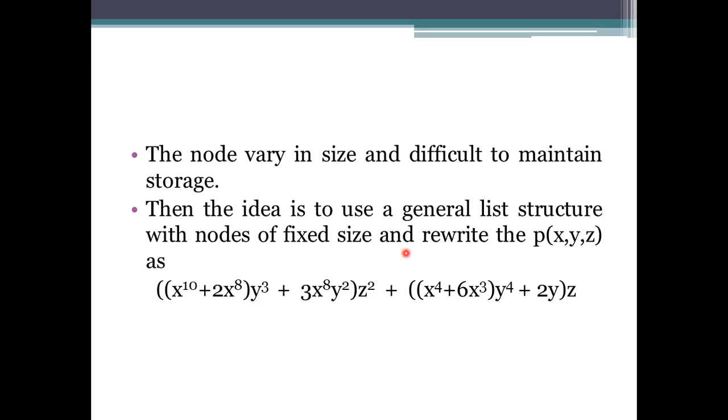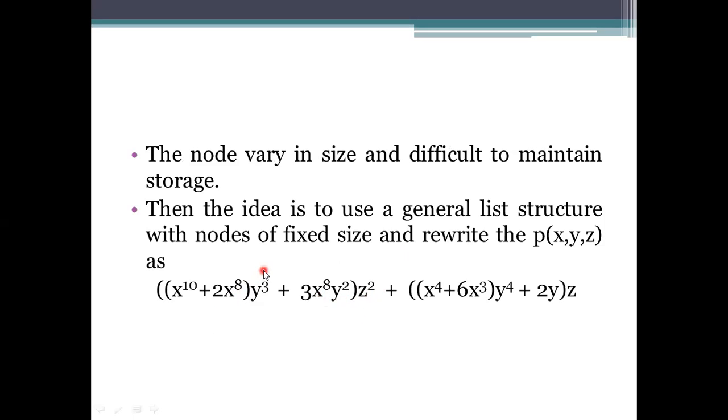Further simplifying this representation, we need to see whether it is of fixed size or not. If we take fixed size representations, then it will be easy for processing. In this example, we are giving the fixed size based on z, which has the exponent 2, and it has the values x, y.